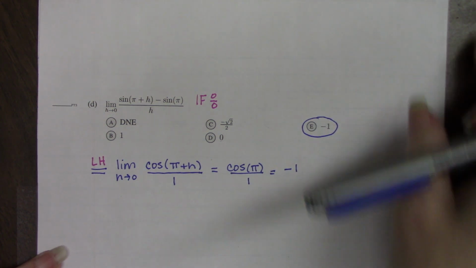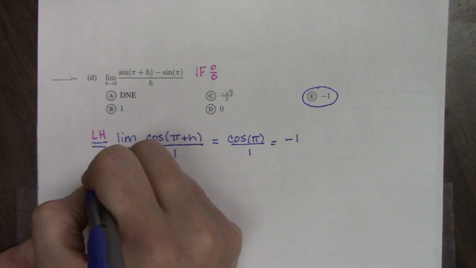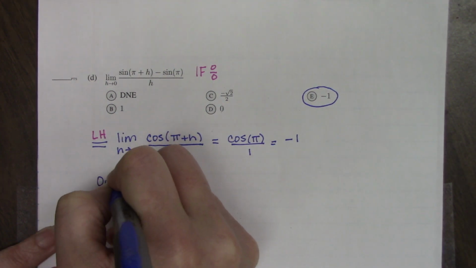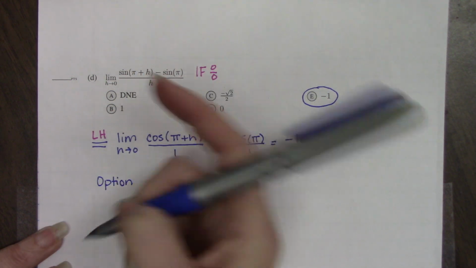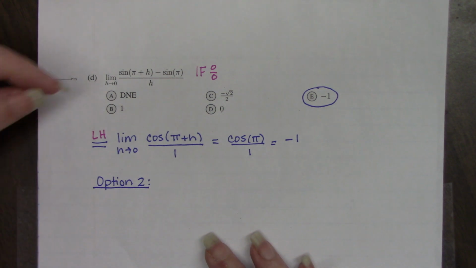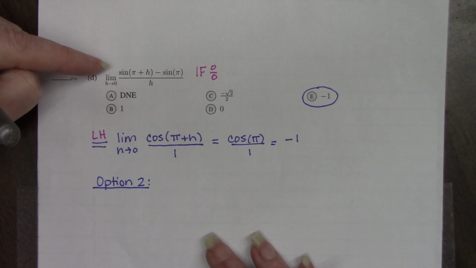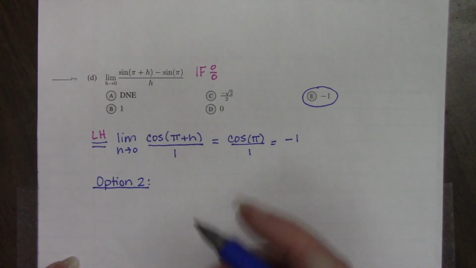Now there's a second option for this particular limit. Some of you may or may not recognize that this is quite a famous equation. This equation is actually the definition of the derivative of the function sine of x evaluated at pi.